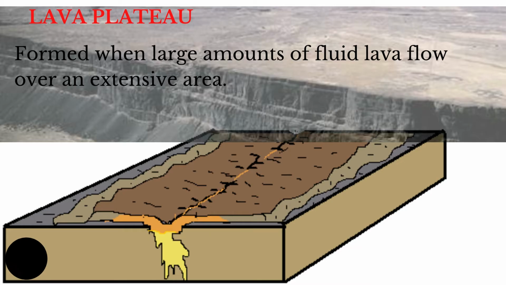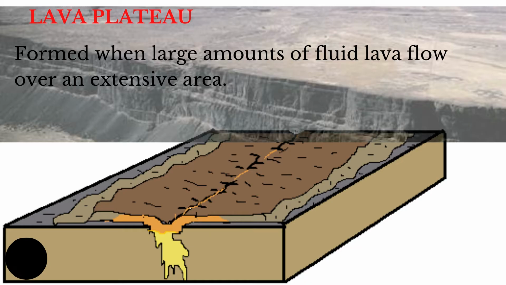Now, material will rise through that fissure, and because it is fluid in nature, it will flow over a long distance. And in the initial stage, if there is any depression or valley, the material will flow and fill in those spaces, those gaps, so that a generally flat area is created in the process.